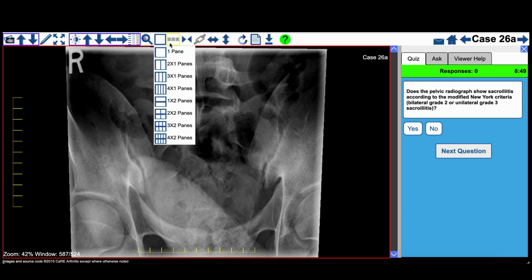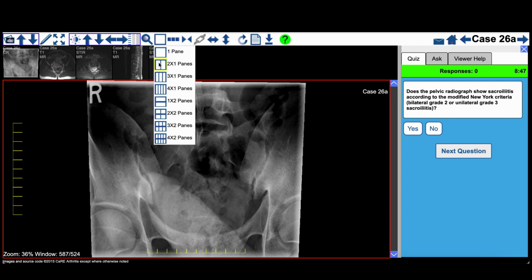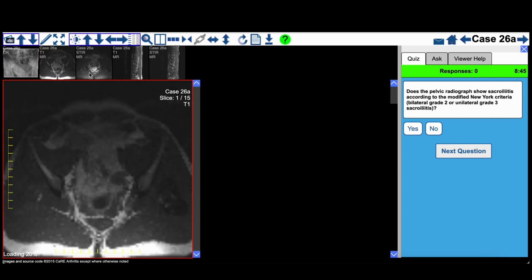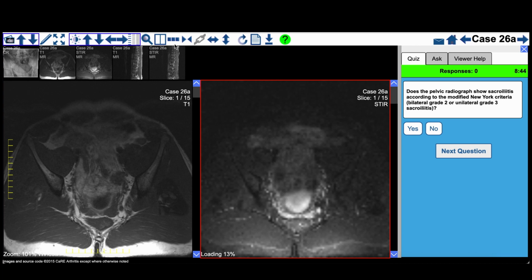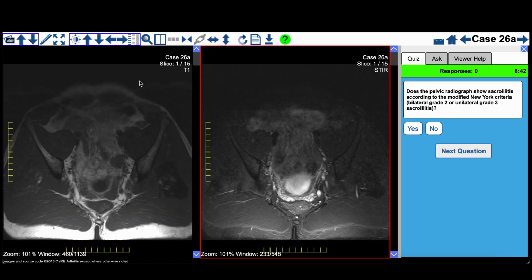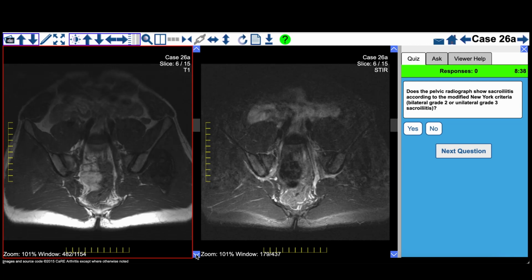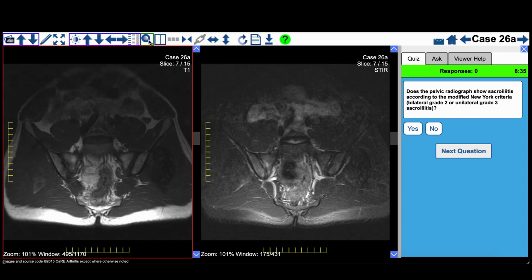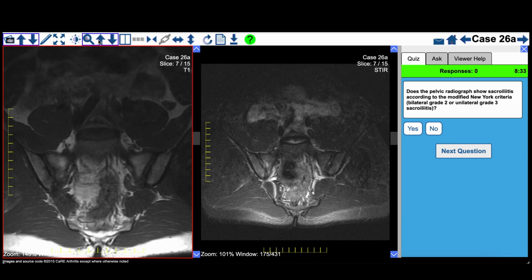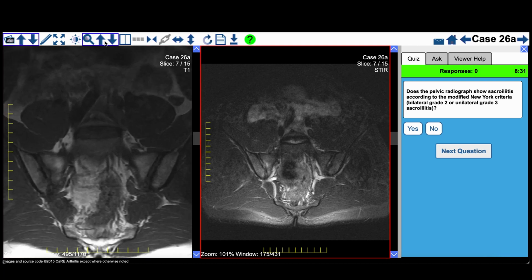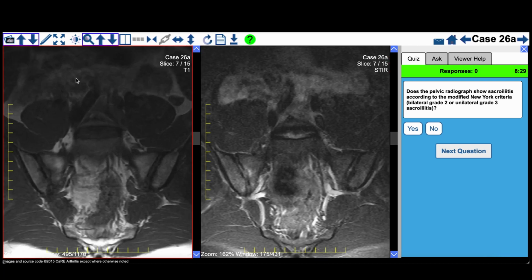So now let's have a look at his MRI scan, and let's pull down the MRI, the T1 on the left and the STIR on the right. And again, we're going to magnify and review the scan slice by slice from front to back.